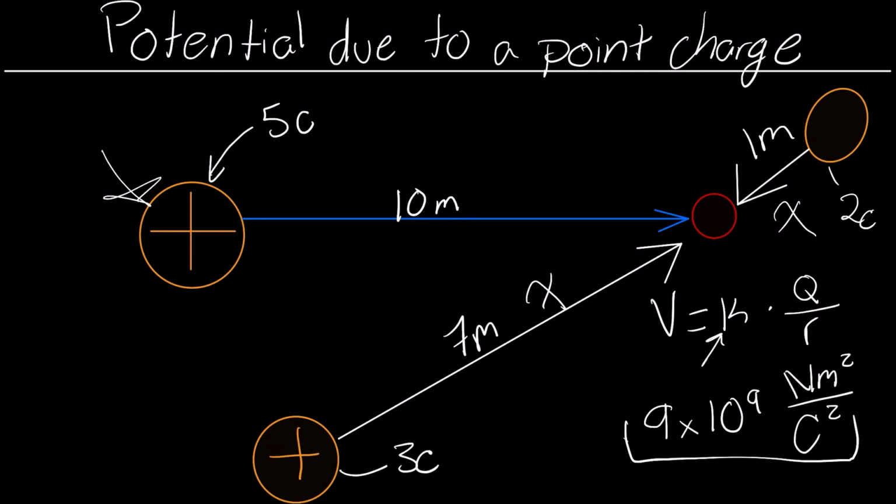With that, what we do is we add potential 1 plus potential 2 plus potential 3, and so on, as many point charges as we have. And all of that is the total electric potential.